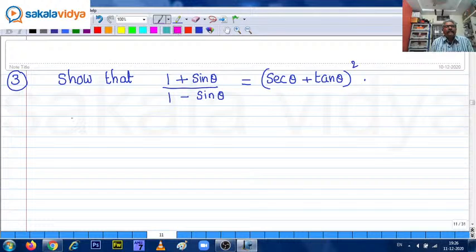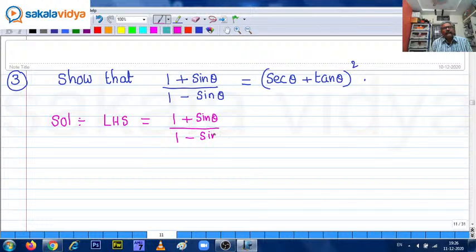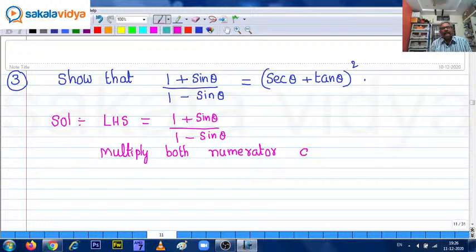Okay, first let us solve now this question. So left hand side, 1 plus sin theta upon 1 minus sin theta. So multiply both numerator and denominator with 1 plus sin theta.